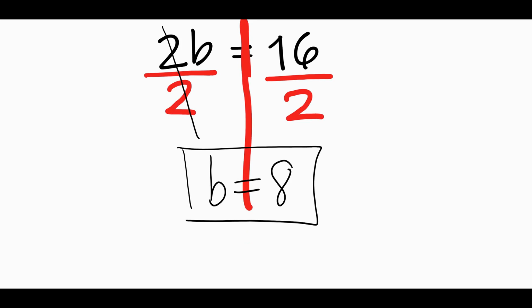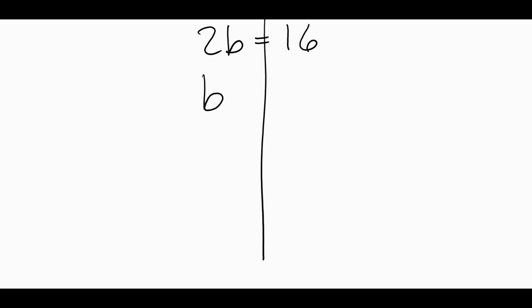And if you wanted a visual of that one, 2b equals 16. You could think of, on this side I have 2 b's, and on this side I have 16 ones. 2, 4, 6, 8, 10, 12, 14, 16.